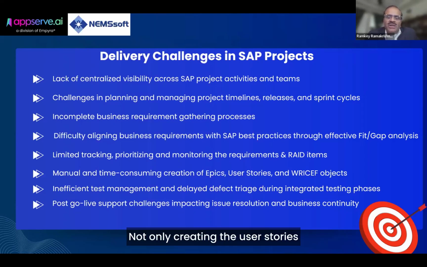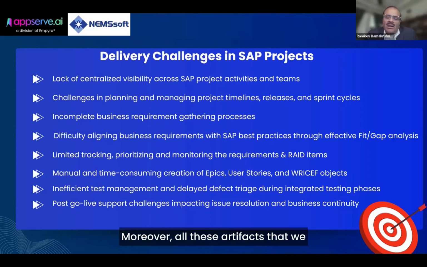Not only creating the user stories and epics, this tool should also be able to help in creating test management artifacts like test cases, test plans, etc., and also defect triage.